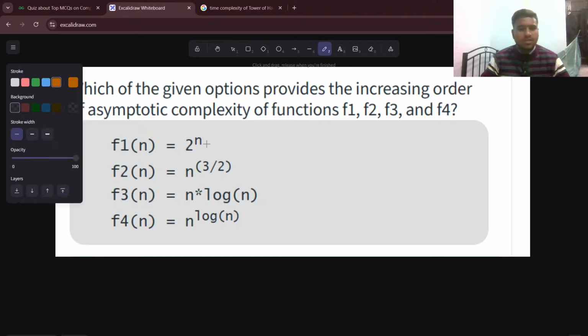Yes. So this is 2 raised to power n. This means this has exponential time complexity. What does that mean? Its asymptotic complexity is higher than all of them. So we can mark it last because this is the highest complexity. Among the bottom ones, we have n power 3 by 2.